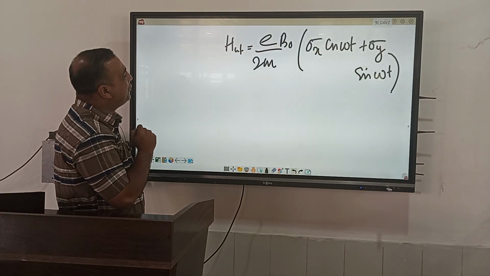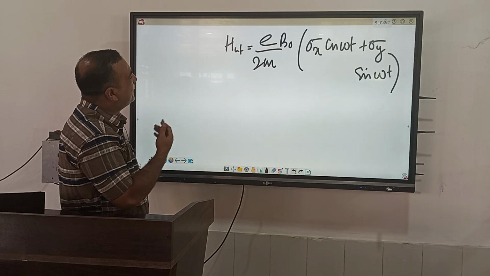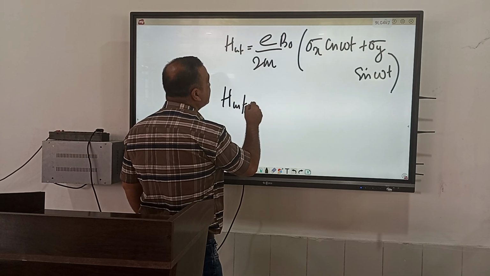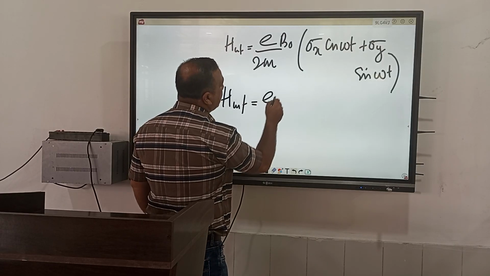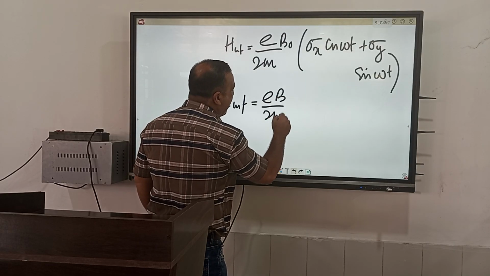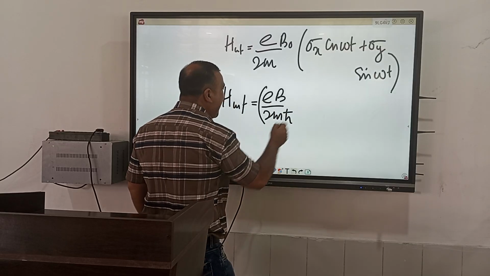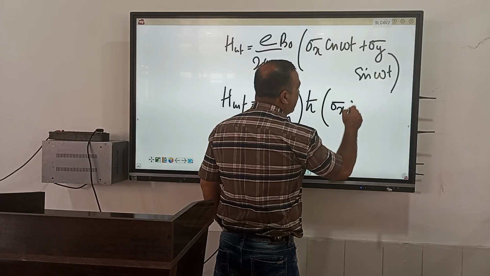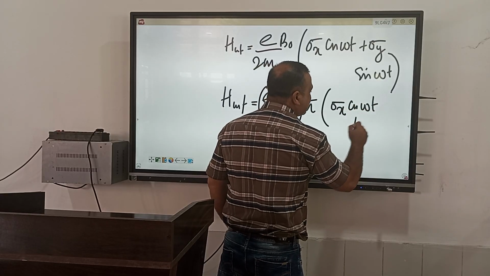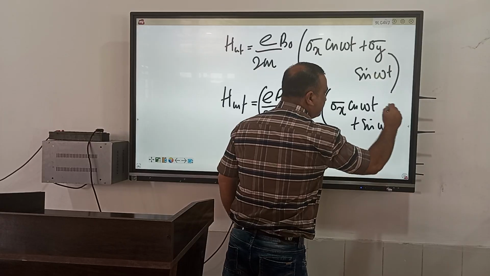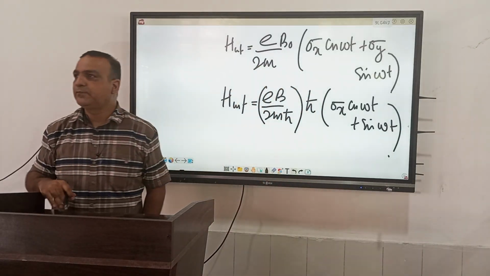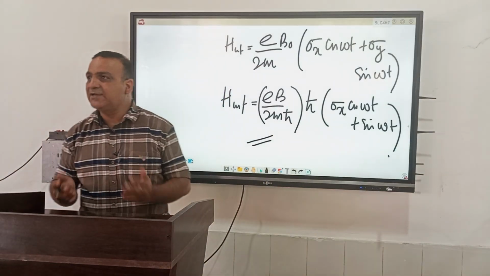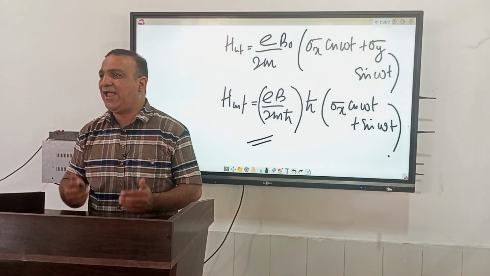Now I can introduce a constant here. H interaction is eB naught by 2m h bar times h bar times the same thing, sigma x cosine of omega t plus sigma y sine of omega t. Is it clear? Now this bracketed term is a constant, we call it the coupling strength.